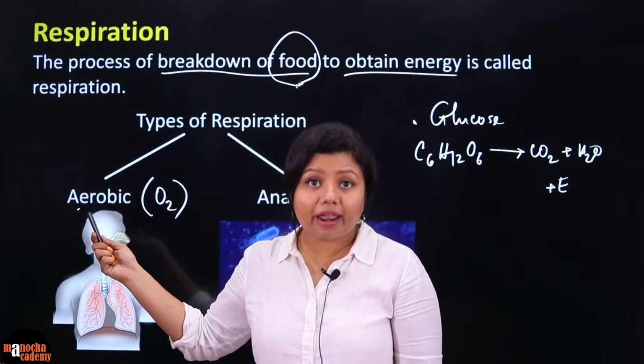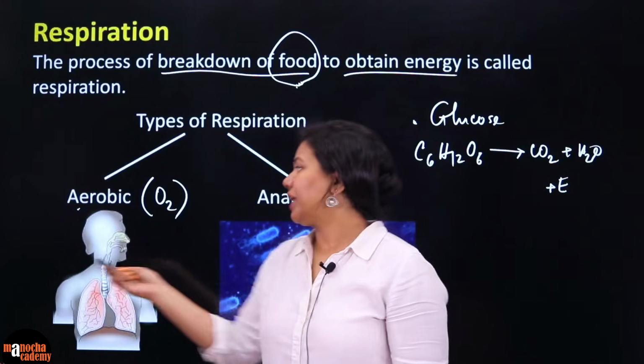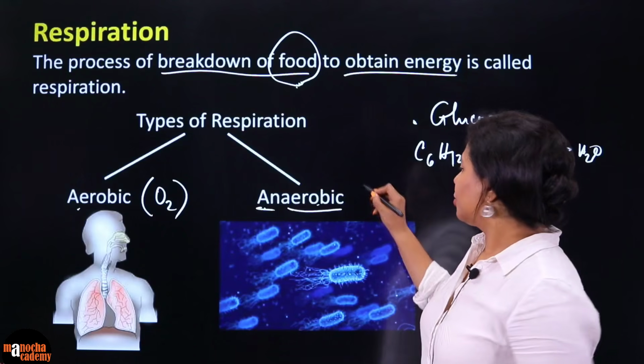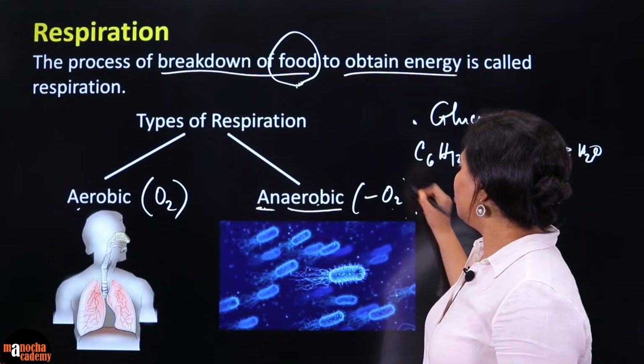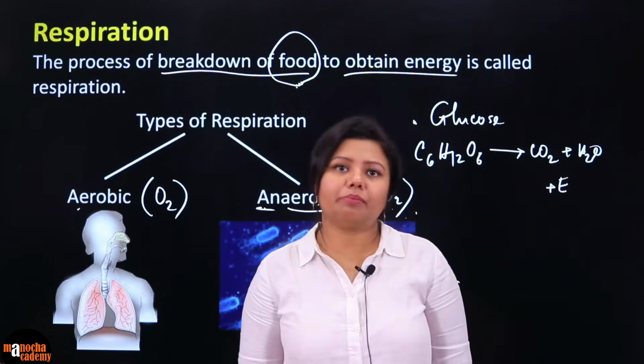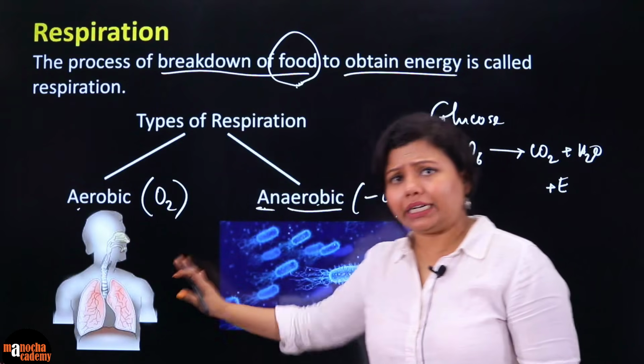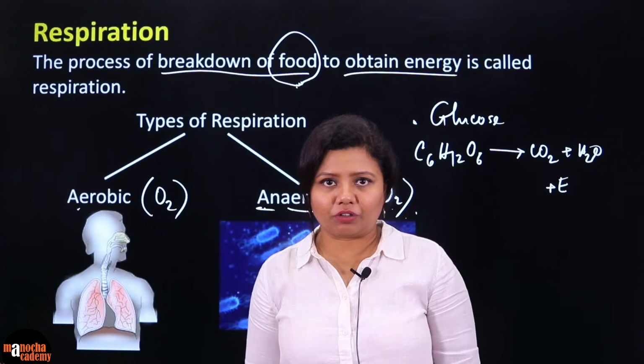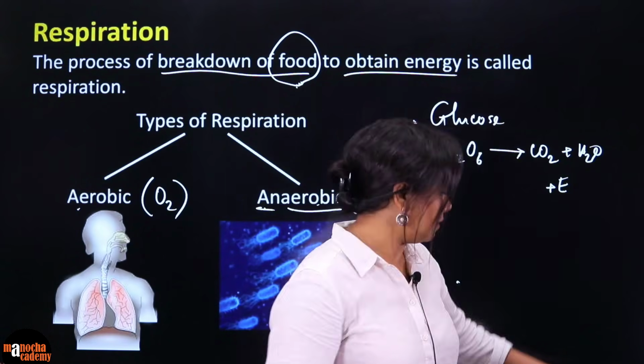The word comes from air, meaning oxygen here. And anaerobic, an means no, aerobic means air. So this is devoid of oxygen. No oxygen is used in this breakdown of food. Both liberate energy, but obviously the aerobic process liberates much more energy. Okay, we'll go into the details later.